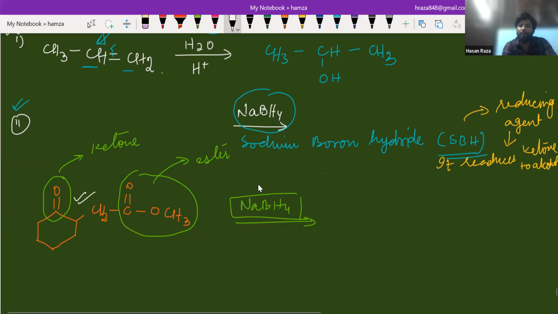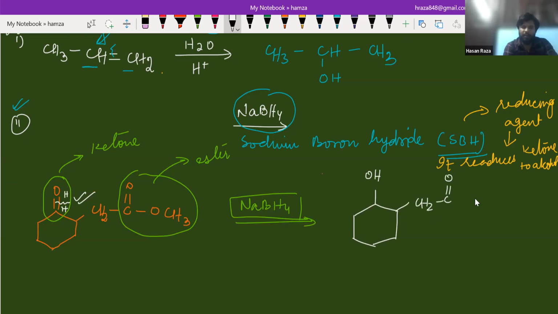So here is the ketone. So the ketone can be easily reduced to alcohol. Just break one bond, add hydrogen, and make it OH, and the rest is the same. So this is the product you got. Are you getting my point? Yes, sir.